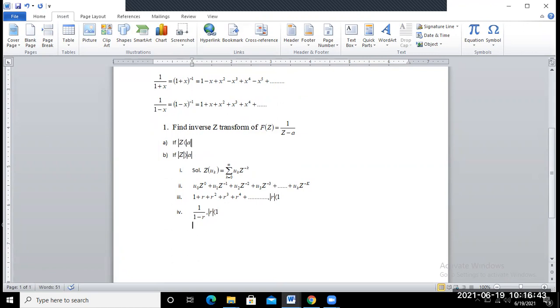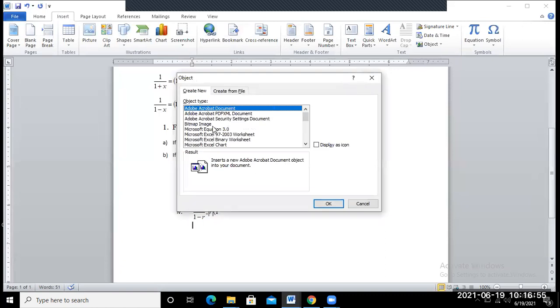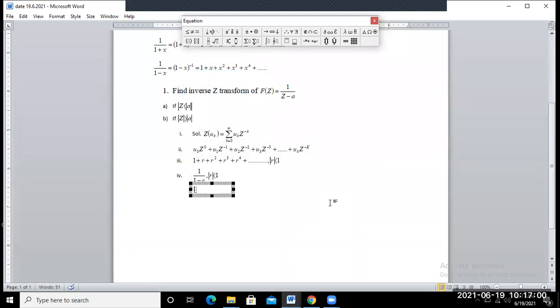If you take a common from this equation, that means we can write f(z) equal to 1 by z minus a.